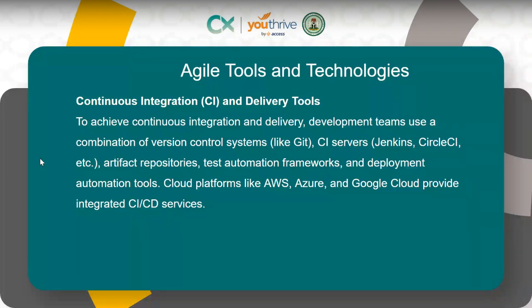So development uses a combination of version control systems such as Git, CI servers like Jenkins and CircleCI, test automation frameworks, and deployment automation tools, and cloud platforms like AWS, Azure, Google Cloud, and Blue Ocean provide integrated CI/CD services. So these are tools for continuous integration that you can use.